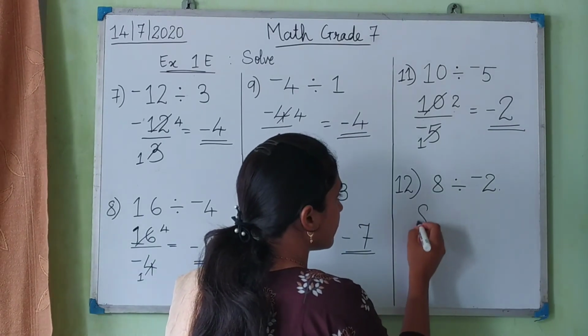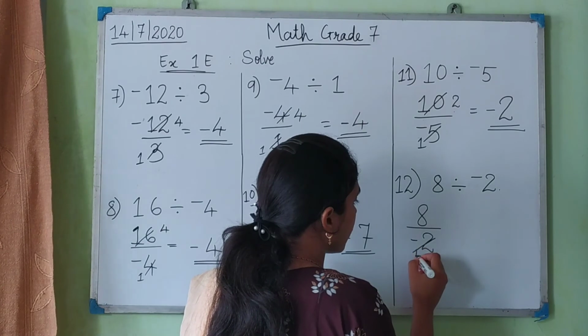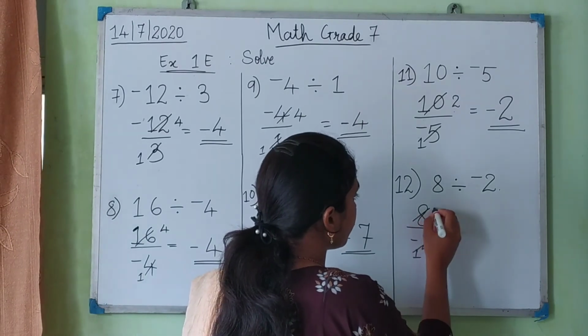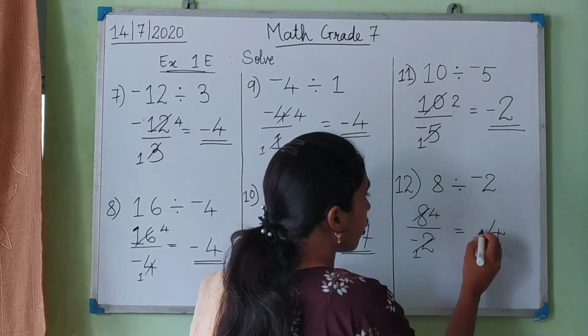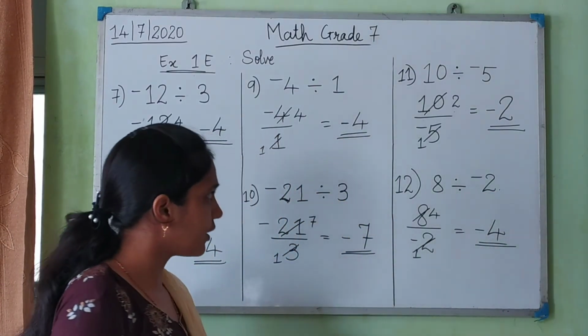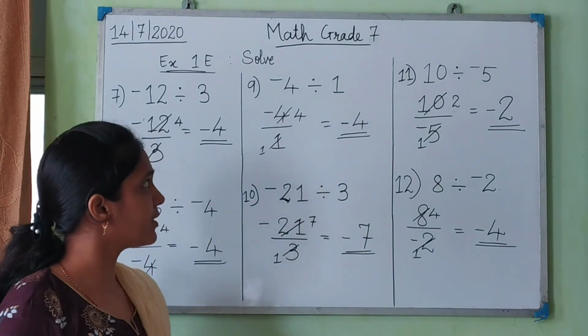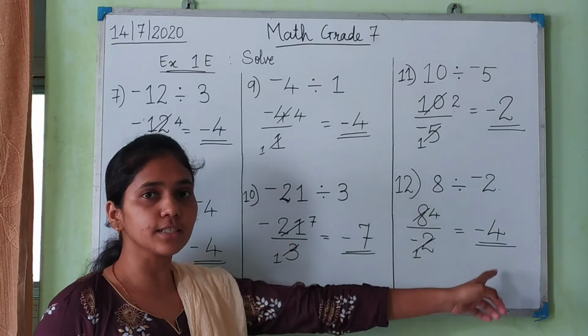Now 8 divided by minus 2. 2 ones are 2, and 2 fours are 8. So this is 4, and the denominator is negative, so the answer is also negative. So in these examples, you can see that each has a negative sign and each answer is negative.